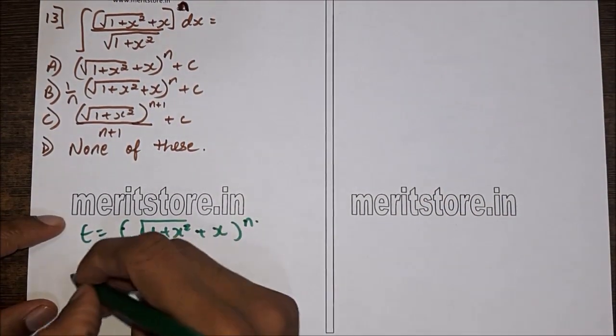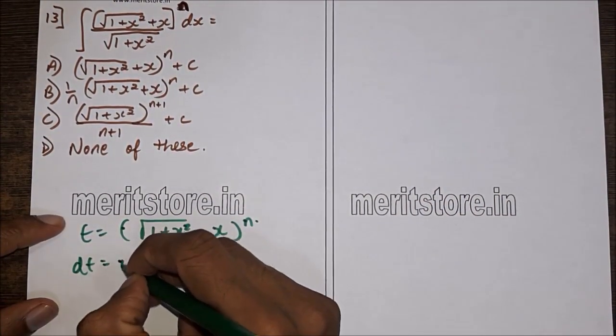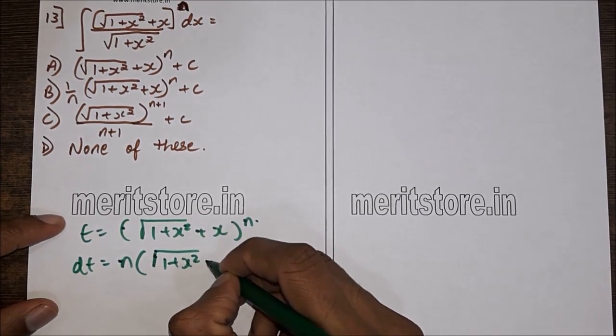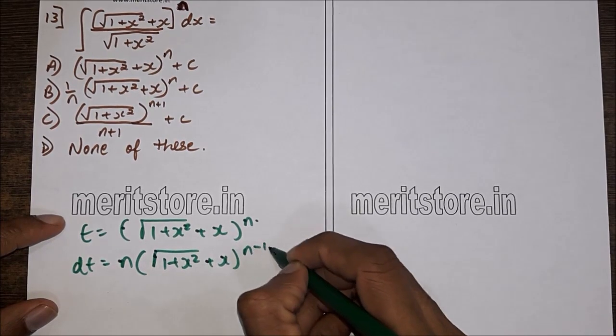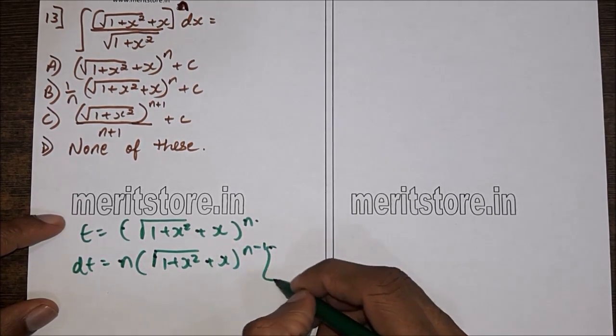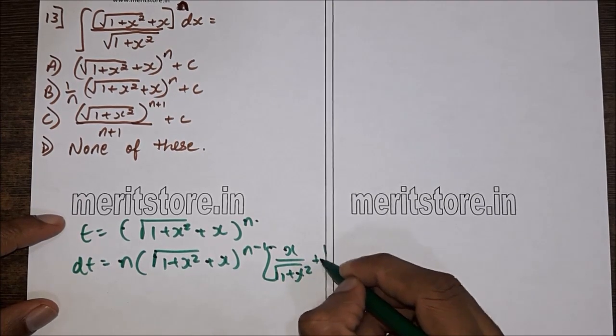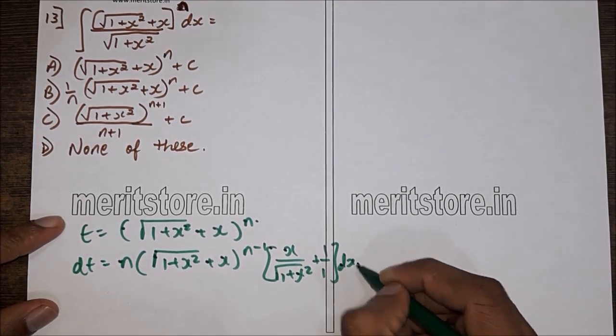Therefore, for solving, we differentiate both sides. We get dt is equal to n under root 1 plus x square plus x raised to n minus 1 into x upon under root 1 plus x square plus 1 dx.